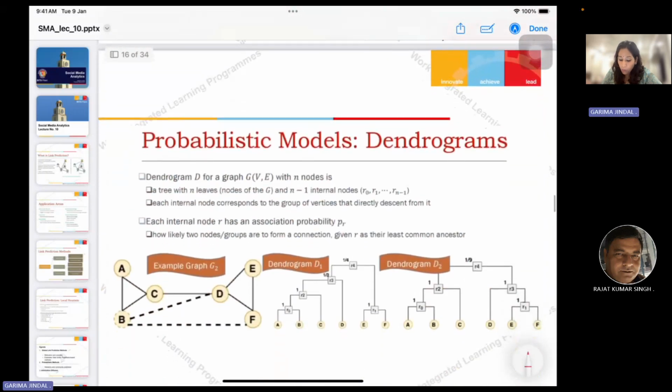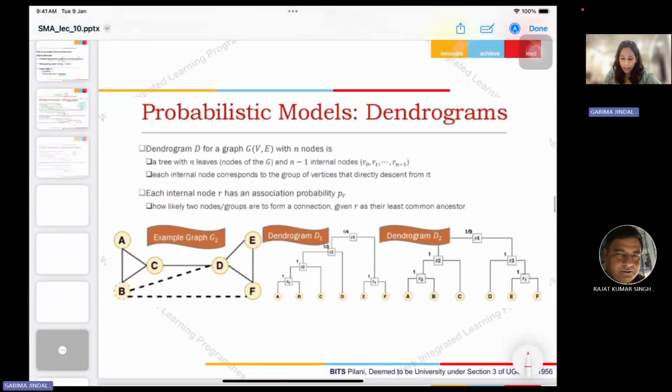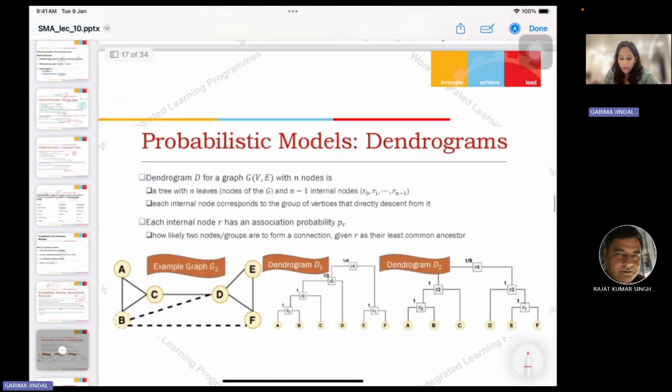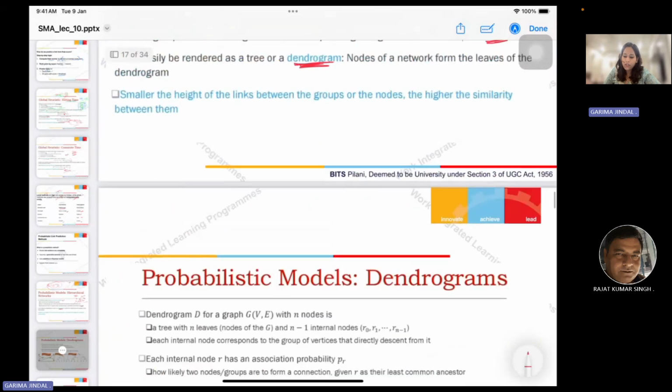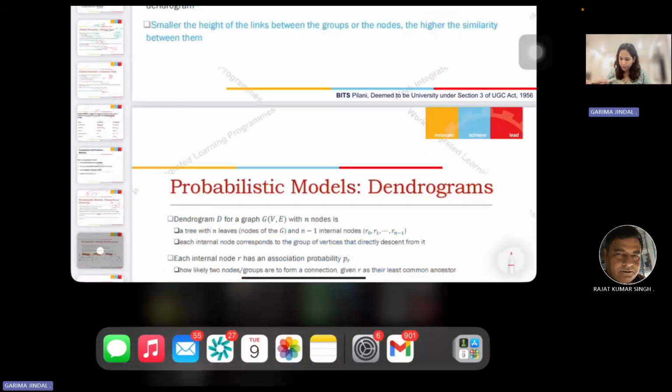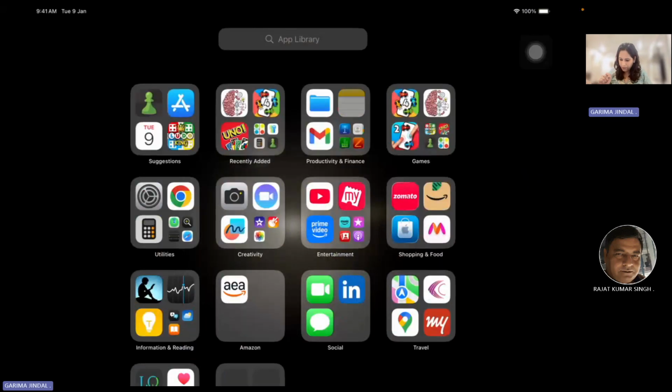Now we will see what dendrograms are. But before going there, we should study why we are studying dendrograms, why using the dendrogram is important. Let me explain.